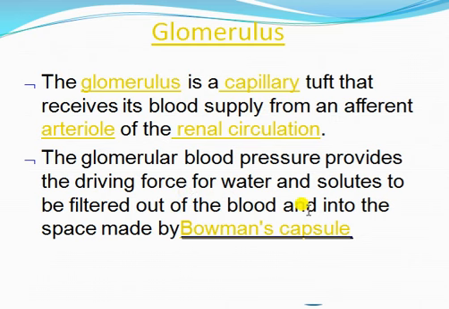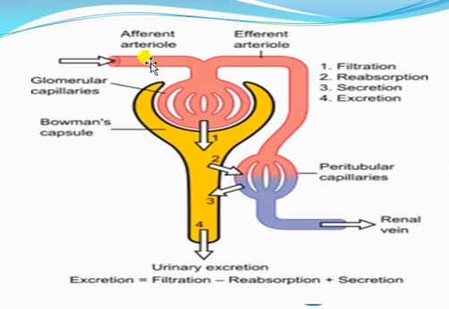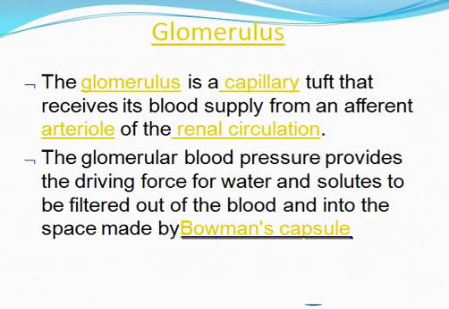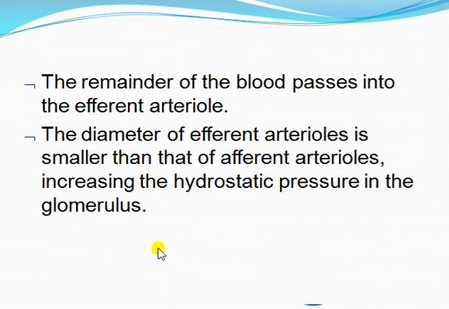So with some force, when blood enters, it is automatically filtered. Those which are unfiltered reach the efferent arteriole, then enter the blood circulation again. So that is what is happening.